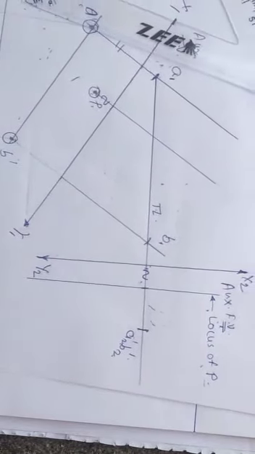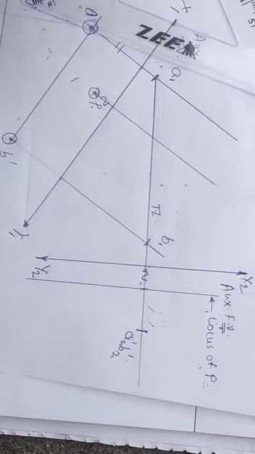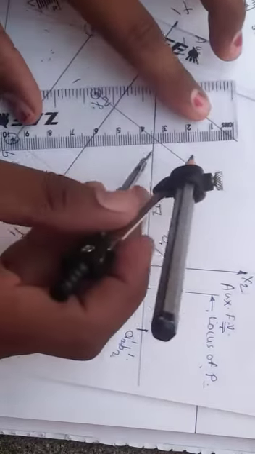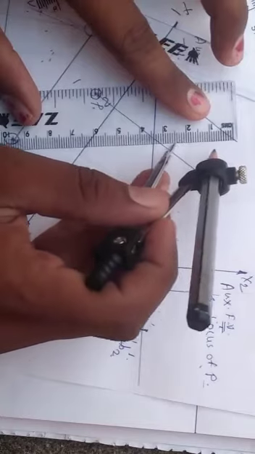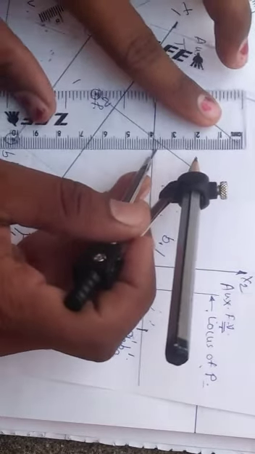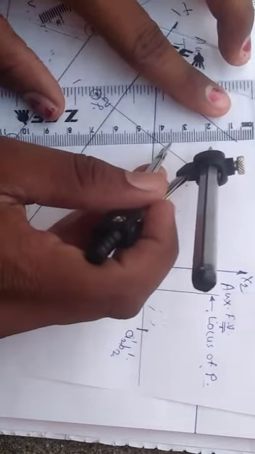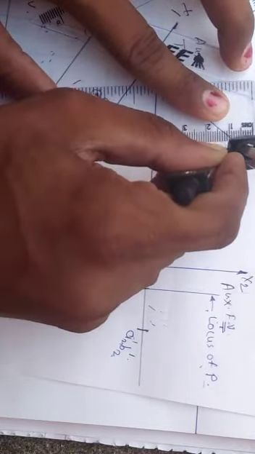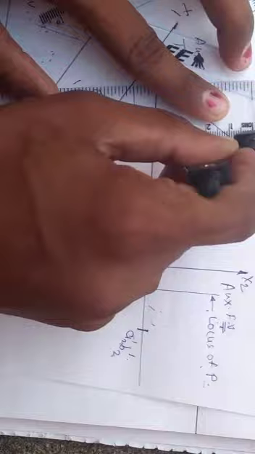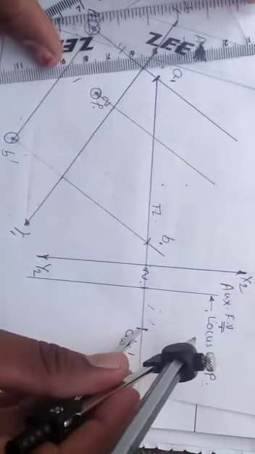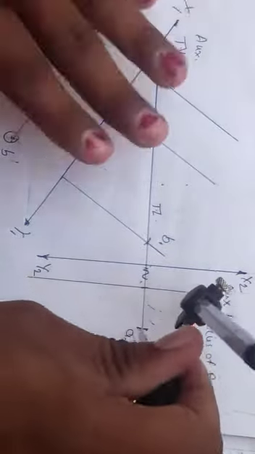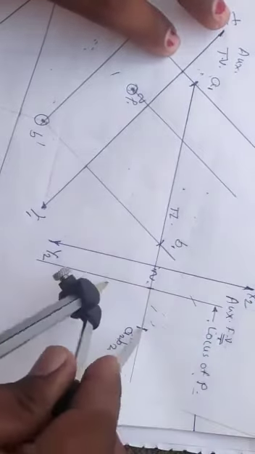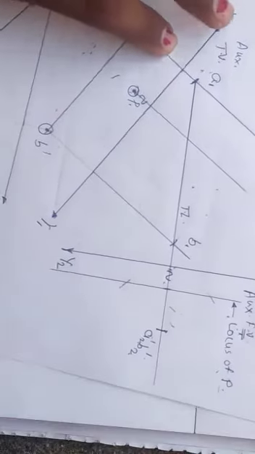The true length of PQ given is 25 mm, so measure 25 mm in the compass. Keep the compass point on AB and mark two arcs, one on this side, one on this side.